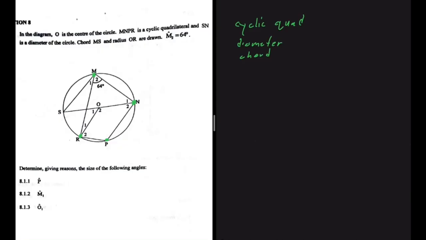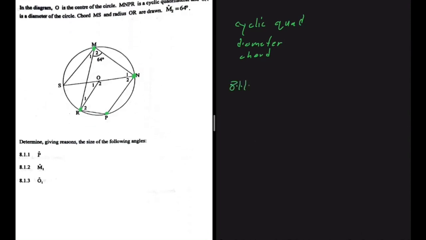And then we are told that M2 is equal to 64 degrees. I think now we can answer our question. 8.1.1 says let's determine, giving reasons, the size of the following angles. And then we start with P, right? P is this angle here. But because we know that MNPR is a cyclic quad, then P plus M2 should be equal to 180 degrees, right? That's a property of a cyclic quad.